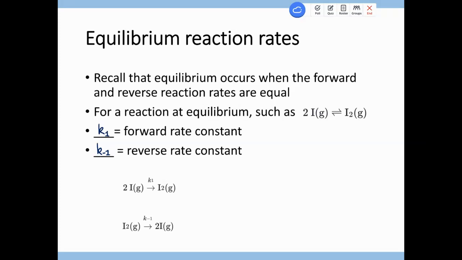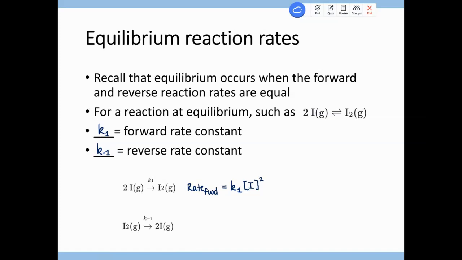So we can describe the rate of each of these individually using what we learned about elementary steps. The rate of the forward reaction is equal to the rate constant, so we're just going to write k with a subscript 1, times the concentration of reactant, atomic iodine, raised to the power of its coefficient.